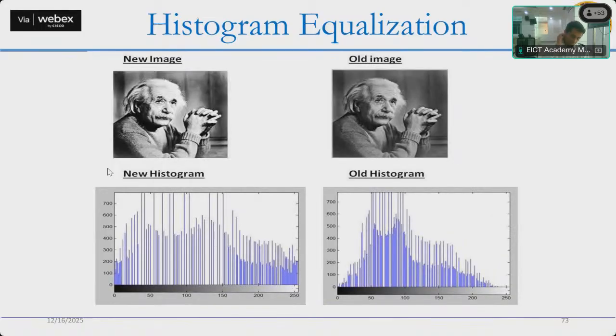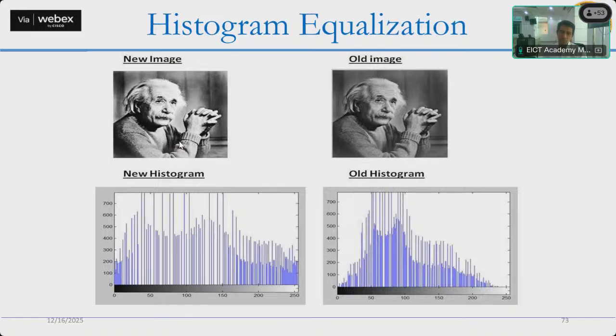Now in the earlier image where we increased the brightness, we took the old image and old histogram, and here also we have applied histogram equalization. After applying it, if you notice, in terms of details not many things are available.